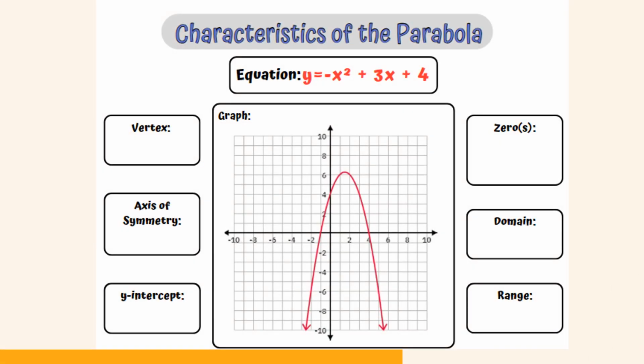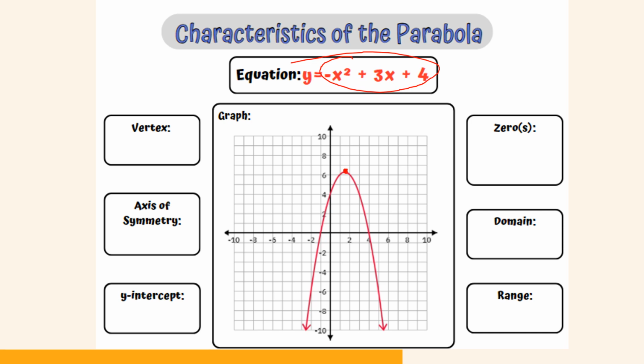Now we're running out here. This is our last one. But if you can do these, you can do what's on our work. And hopefully you find this pretty easy because your vertex, that's your turning point. It's your highest or lowest point. In this case, we're climbing a mountain.